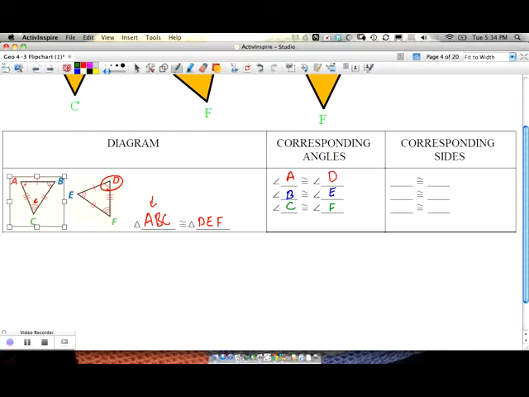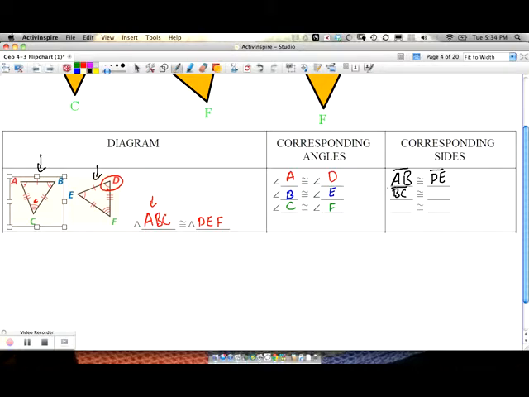Now, similarly, we can do corresponding sides. So if I see this piece here as a corresponding side, AB, what would that go with? Well, that would be the single side here, which is DE. And then BC is my double side, that's my double mark side.